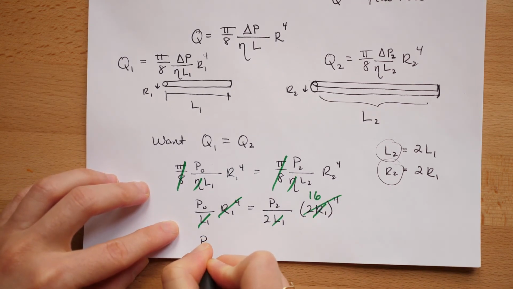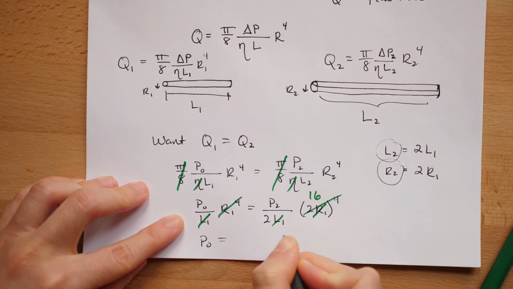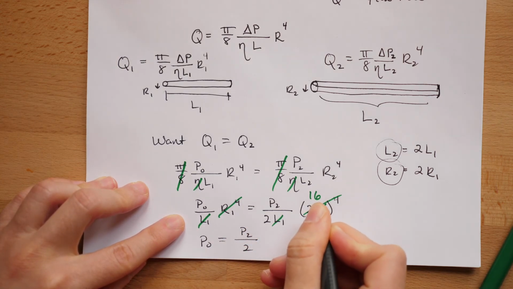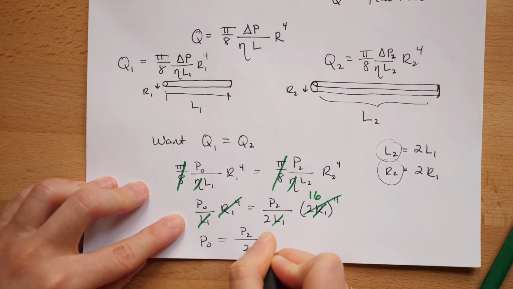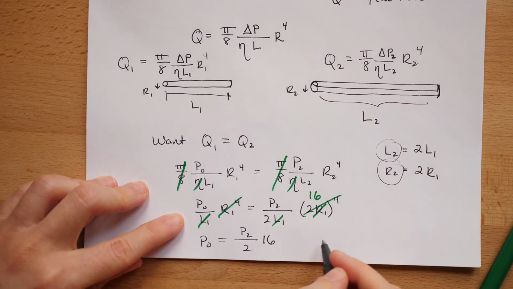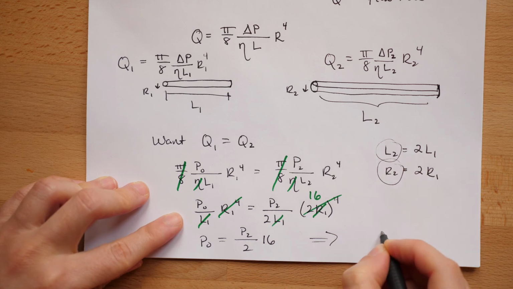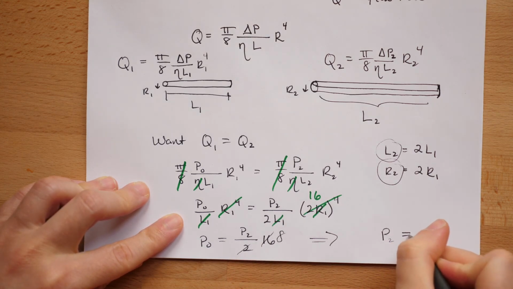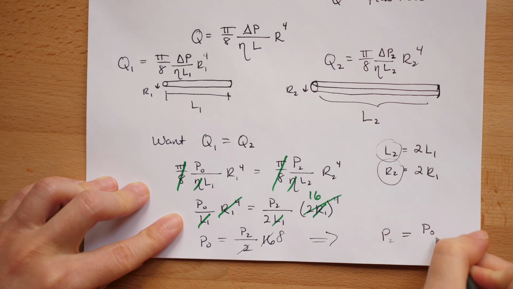So P naught, the only thing left on the left, equals P2 over 2 times 16. If we solve for P2, this is 8, so P2 is P naught over 8.